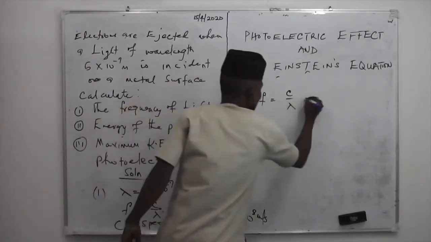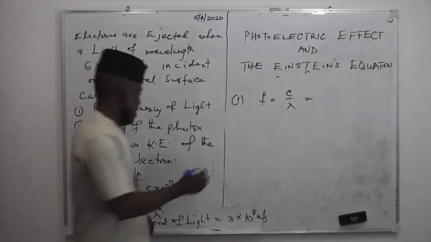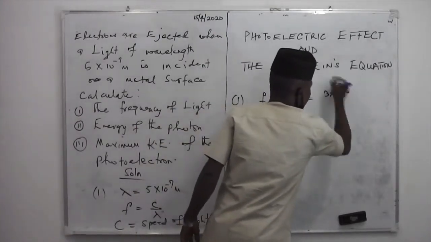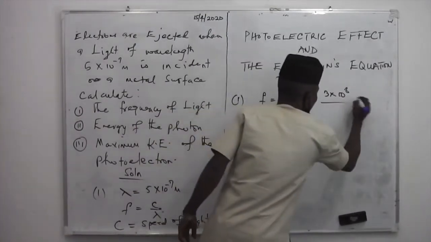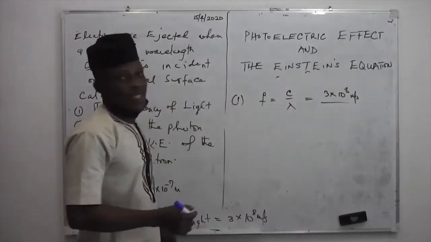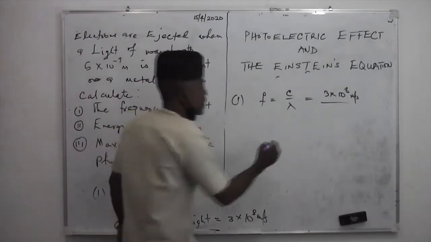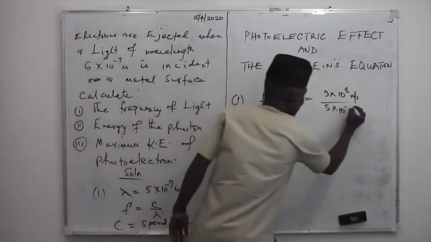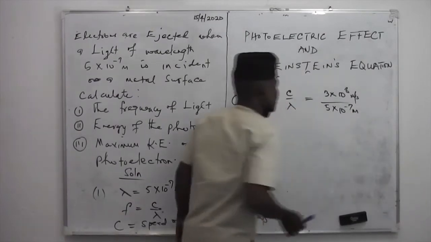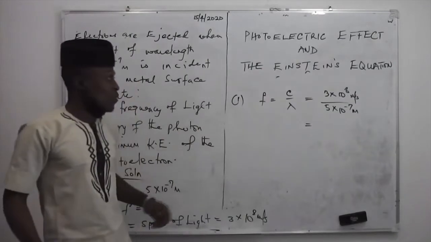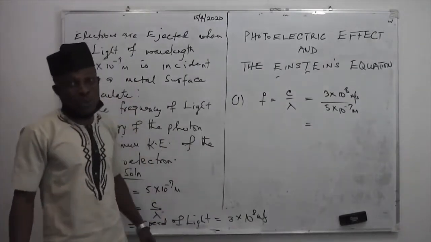The speed of light is 3 times 10 raised to 8 meters per second, over the wavelength, which is given as 5 times 10 raised to minus 7 meters. You would realize that these are given in standard form, which makes it easier for us to solve.